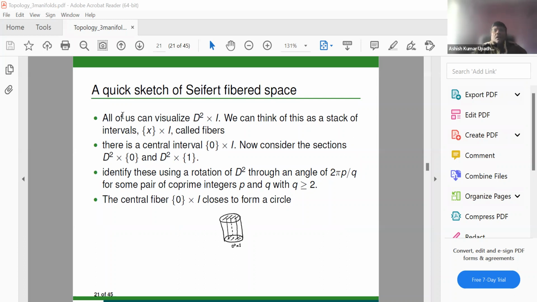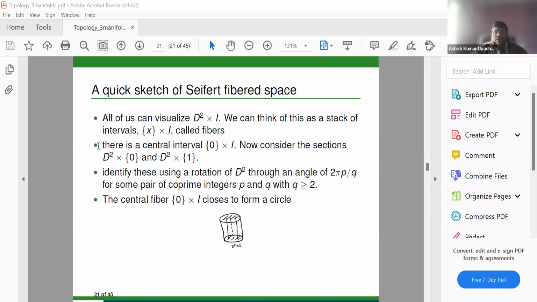Now, all of us can visualize a disk cross an interval, a closed interval. You can look at the small figure given here, D2 cross I. We can think of this as a stack of intervals, X cross I. So if you fix one point in the disk, then you consider a singleton cross I, made up of these kinds of lines.